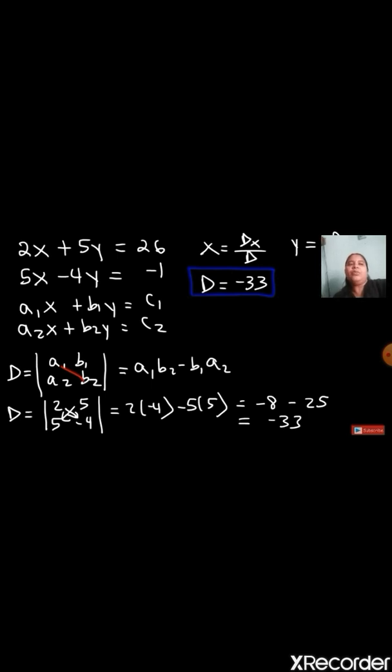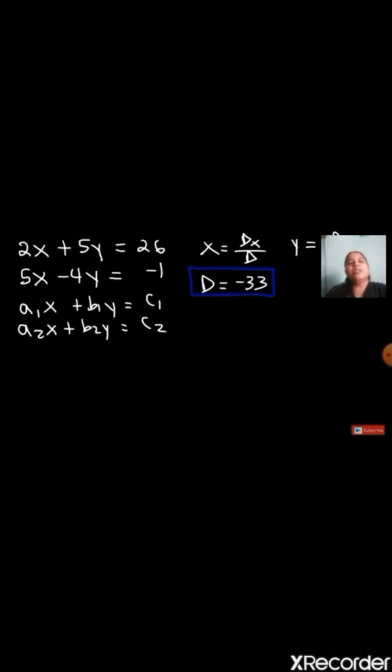Let us come to the first value of x, that is dx, determinant of x. For determinant of x, I have told you, in the place of x coefficients, we will write the constants, that is c1 and c2. So dx is nothing but c1, c2, and b1 and b2 will be same as it is.